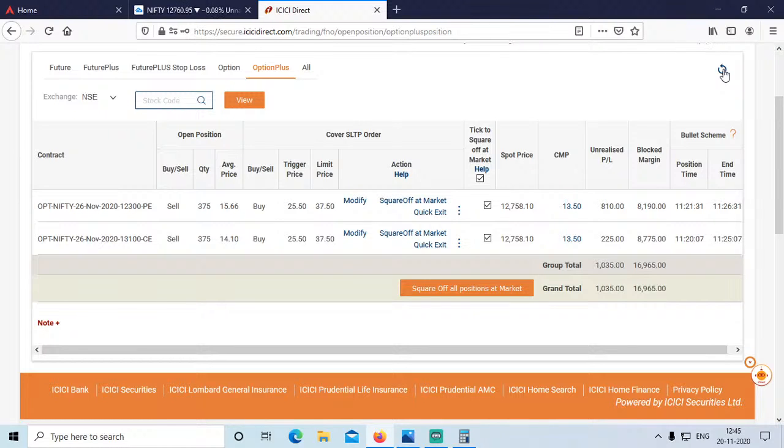Friday is a very good day for getting profit, because if you see my options, 12,300 and 13,100, a spread of 800 points I am getting, that too for the price of 15 rupees, 14 rupees. So Friday is a very good day, you will get a very good spread.